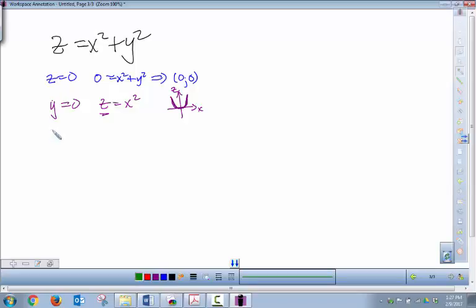And then we have x is equal to 0. That's the yz plane. You get z is equal to y squared, which is another parabola opening up along the z again. But make sure you label axis. The horizontal axis is the y.